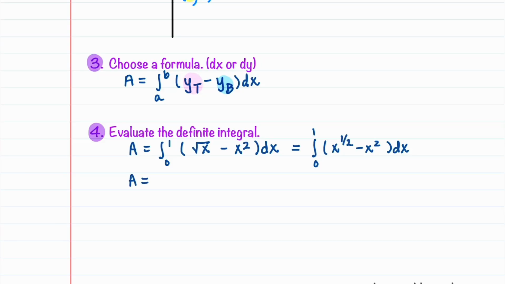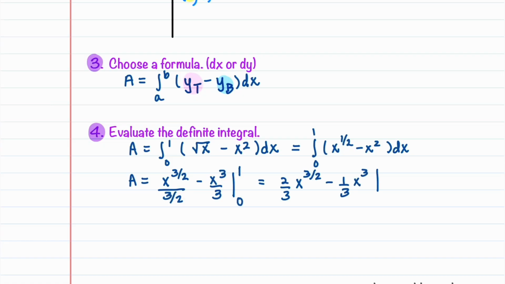Our integral is then x to the 3/2, all divided by 3/2, minus x cubed divided by 3, and we're evaluating that between 0 and 1. We can rewrite this as 2/3 x to the 3/2 minus 1/3 x cubed, and we're going from 0 to 1.